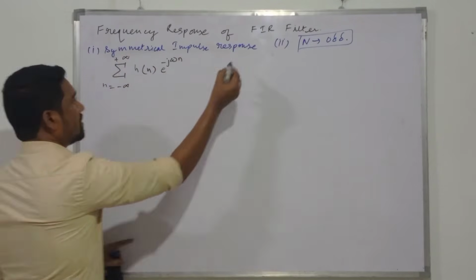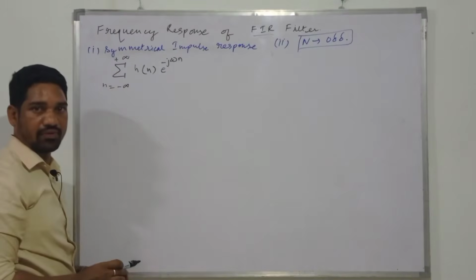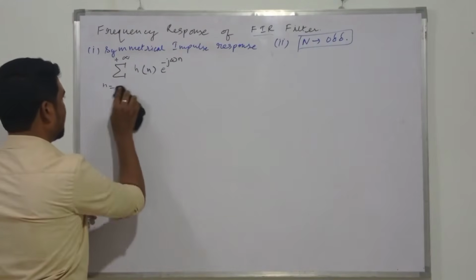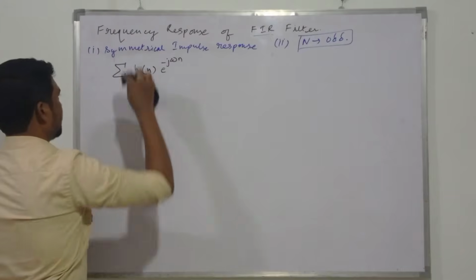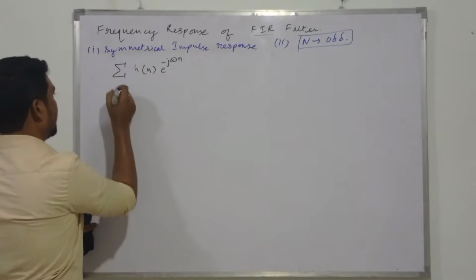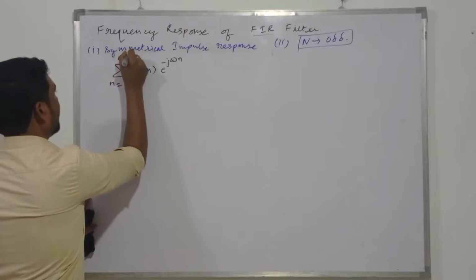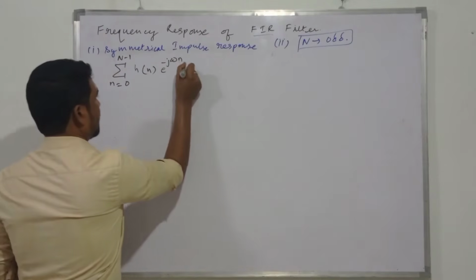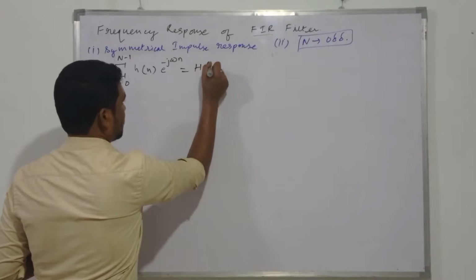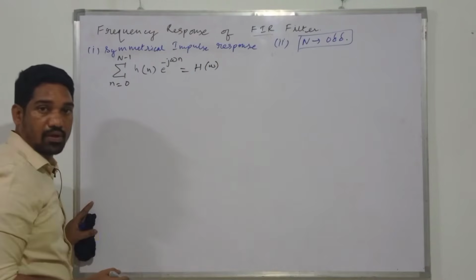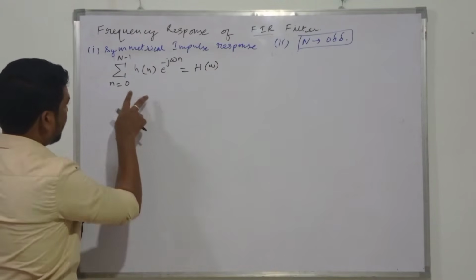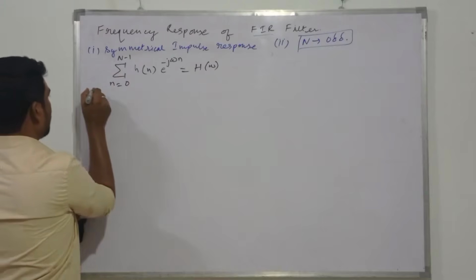No, we are considering finite impulse responses, so that isn't from negative infinity to positive infinity. It's all about n equal to 0 to N minus 1, which gives H of omega.